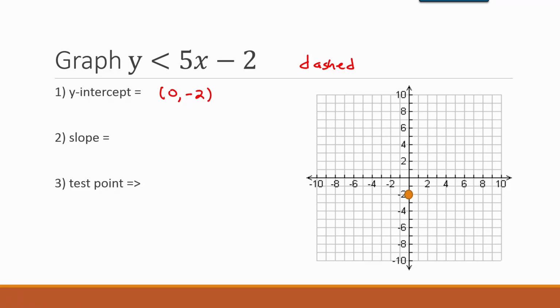My slope from that first point is 5. For graphing purposes, we want rise over run, so we want it in fraction form, so 5 over 1. That tells me from my y-intercept to go up 5 places and to the right 1 place, and plot my next point.